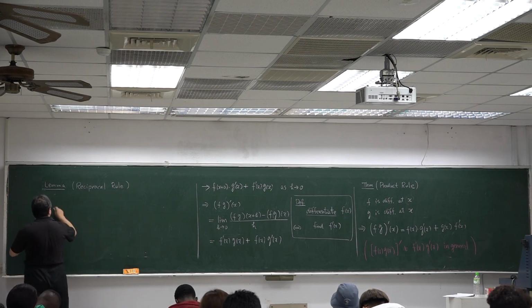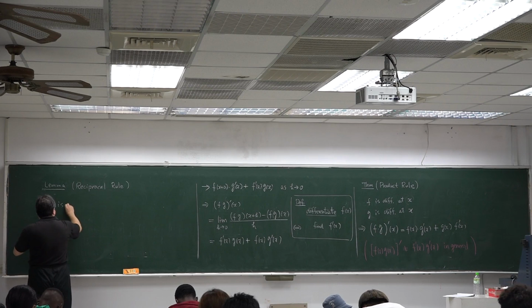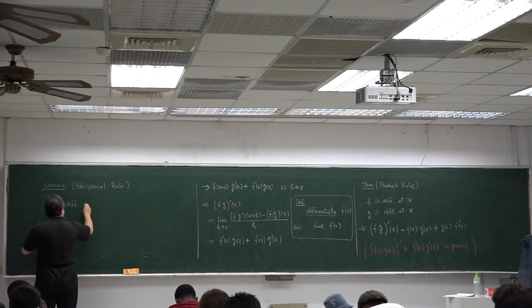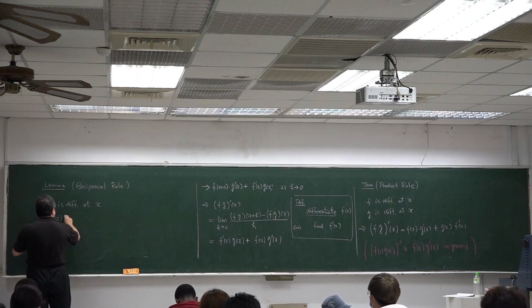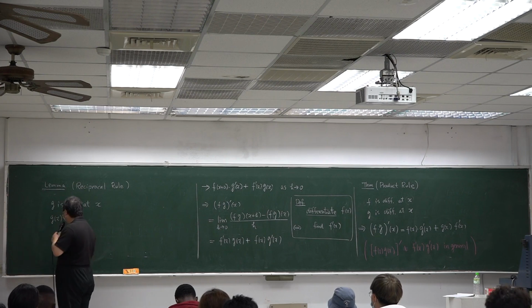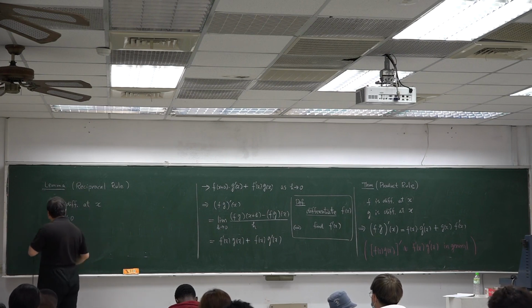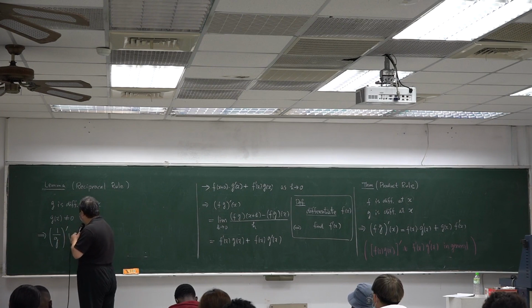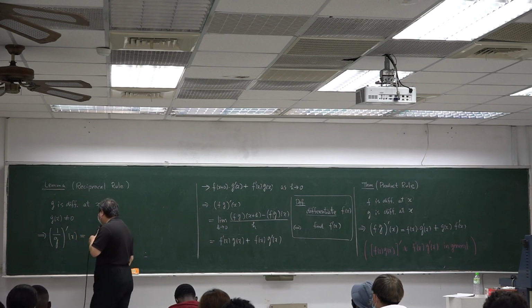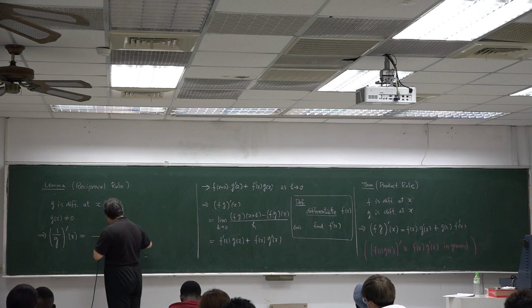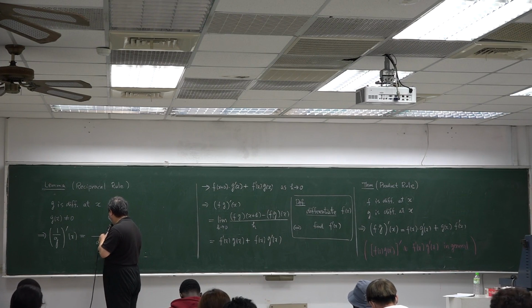Reciprocal rule: if g is differentiable at x and g of x is non-zero, and this value is non-zero, then this one will be... than 0.